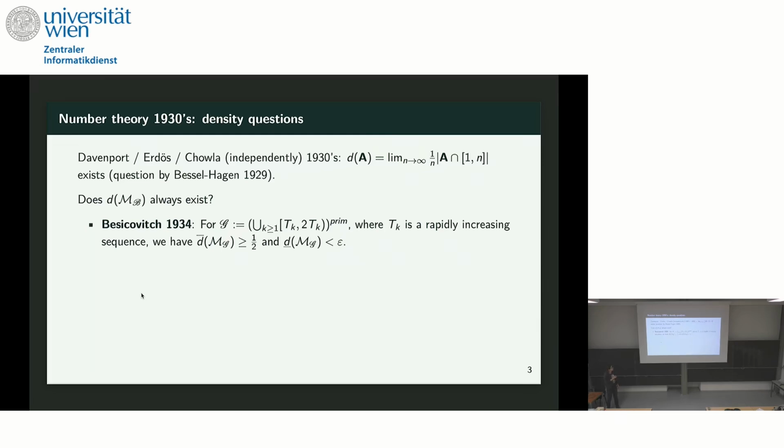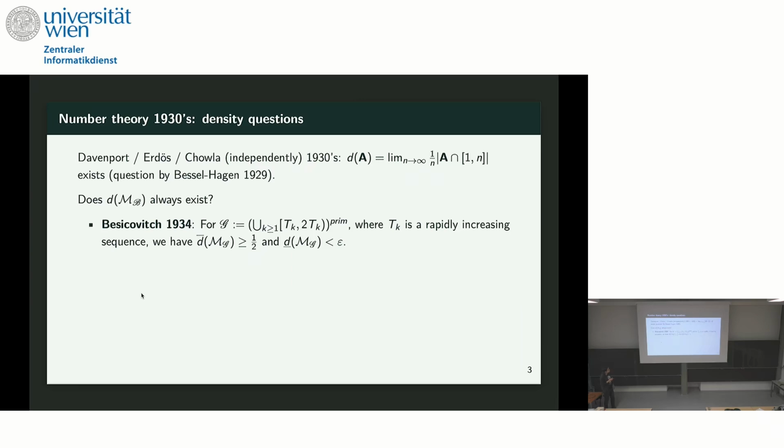His construction goes more or less like this. He takes these intervals from t_k to 2 times t_k, and he takes the union, and well, this might not be primitive, so let's primitivize it so that it doesn't cause technical problems.